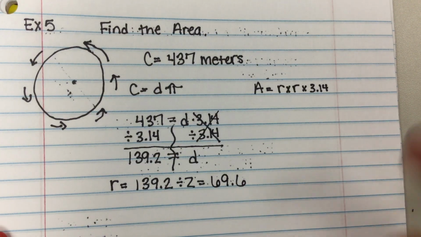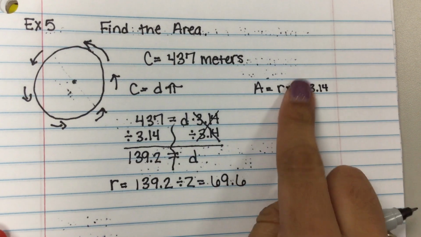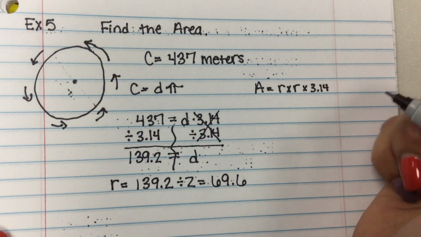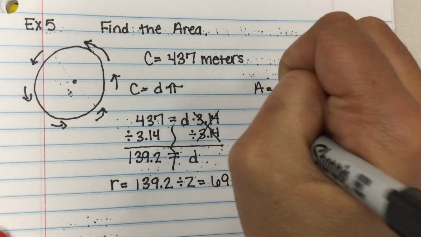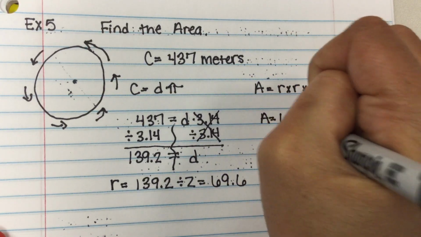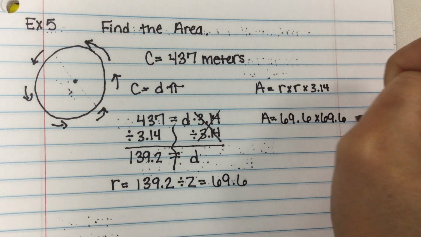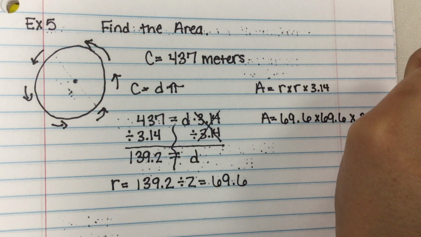Okay, so this is our radius. That's what we need in order to find the area. Okay, so area equals 69.6 times 69.6 times 3.14.